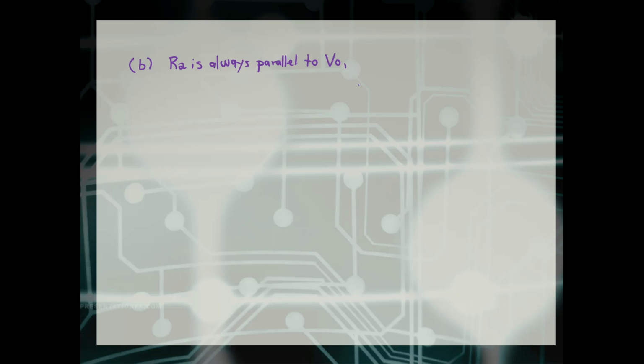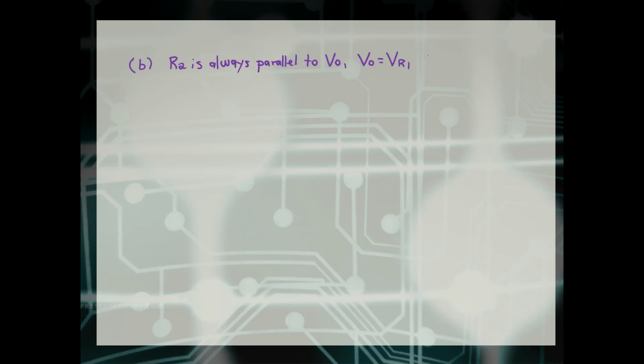And if two elements are in parallel, it means the voltage must be the same. Therefore, V naught must be equal to VR2. So what we can do now is get an equation for the current through R2.